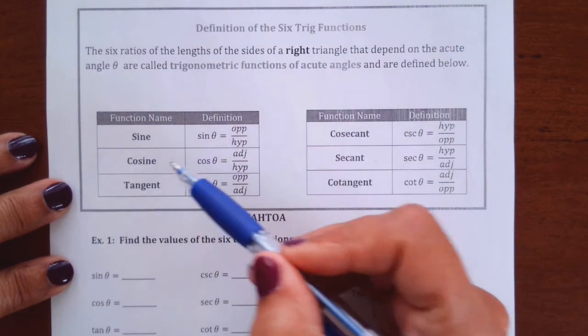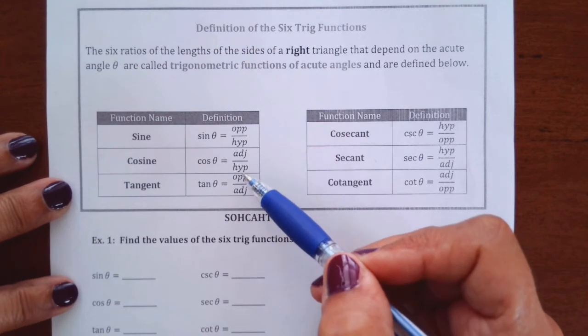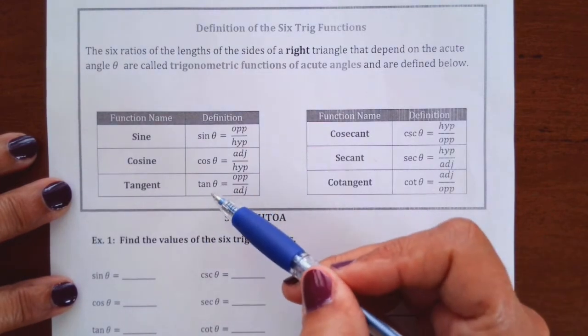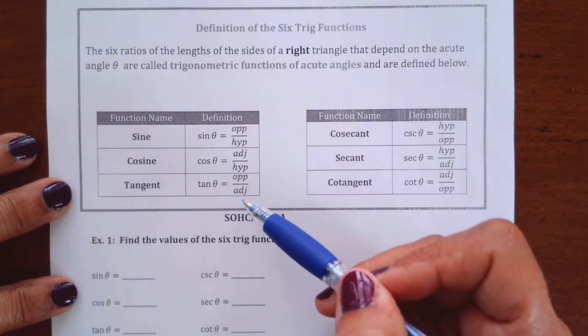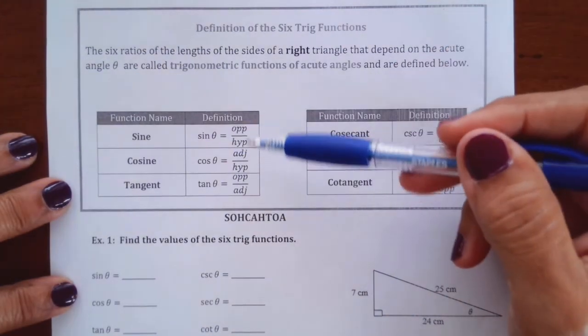The cosine, which is abbreviated COS, that's the ratio of the adjacent side over the hypotenuse. And then the tangent, which we abbreviate TAN, is the opposite side over the adjacent side. That's the ratio for that. So all of these are always ratios, but sometimes it's just given to you as a number because the division is done for you, okay? So these are the main 3 that we're going to use.